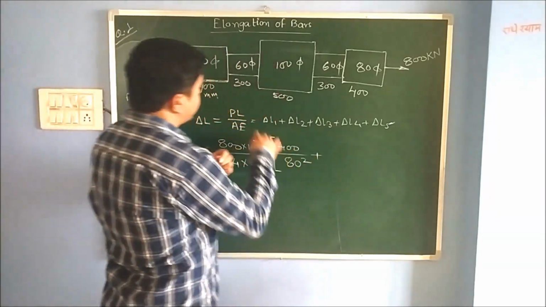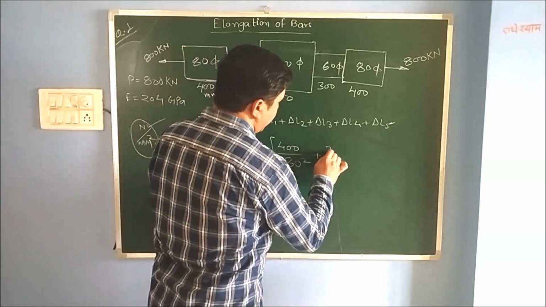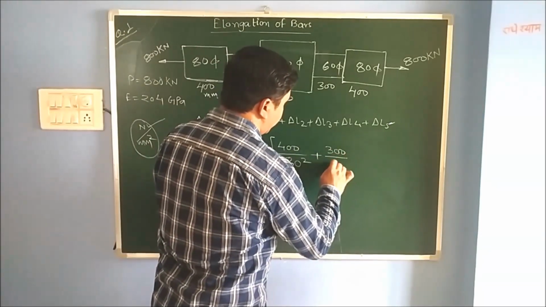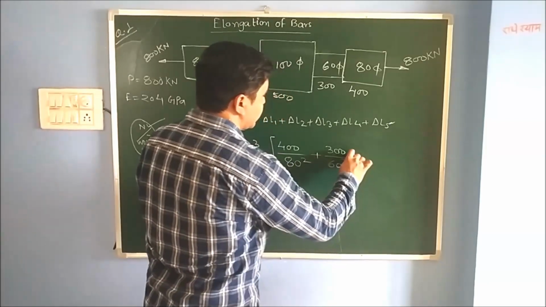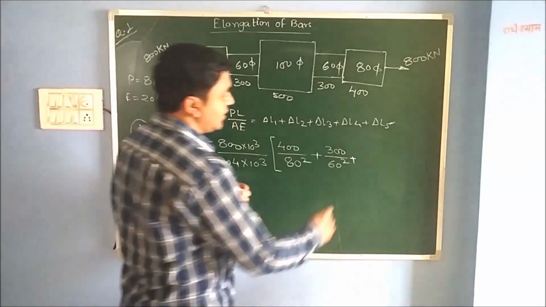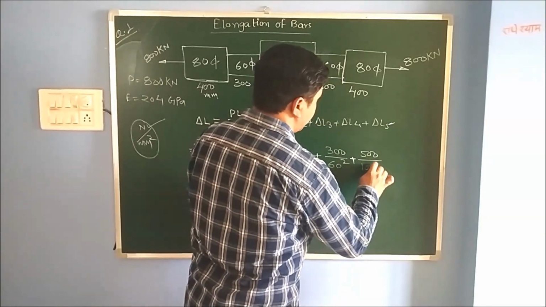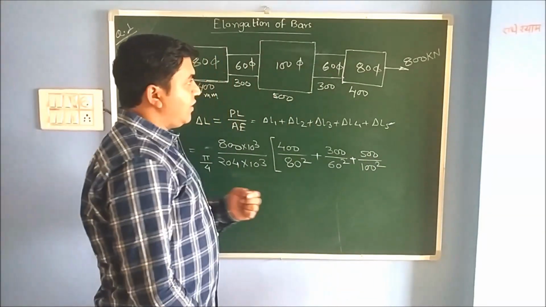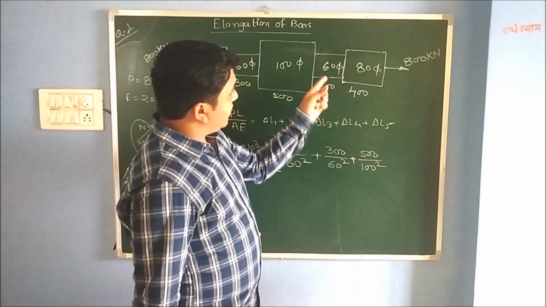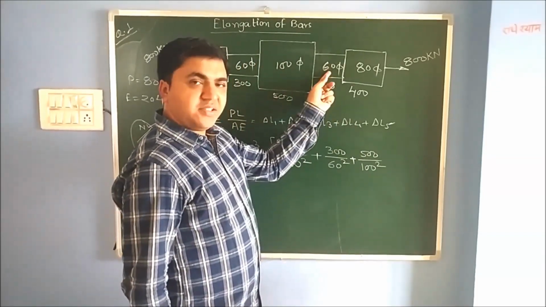Plus, for the second section, the length is 300 and the diameter is 60 square. Plus, for the third section, the length is 500 upon diameter 100 square. Again for L4, the fourth section, the length is 300 and the diameter is 60.